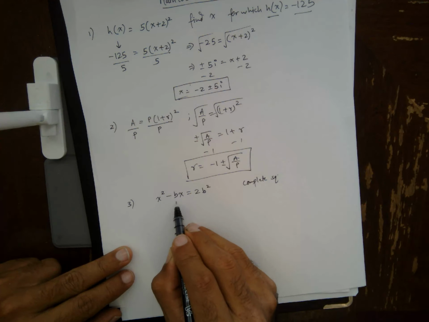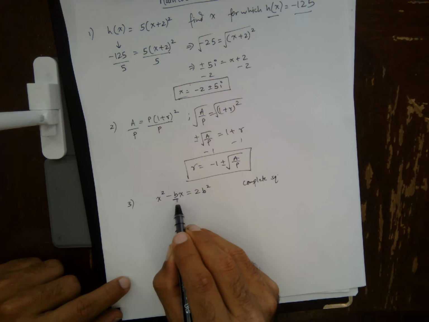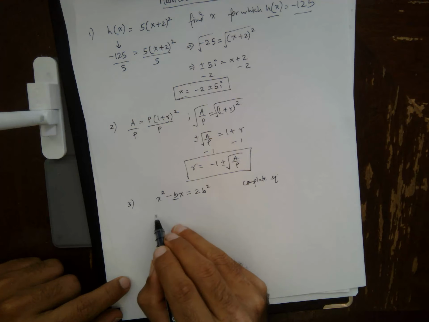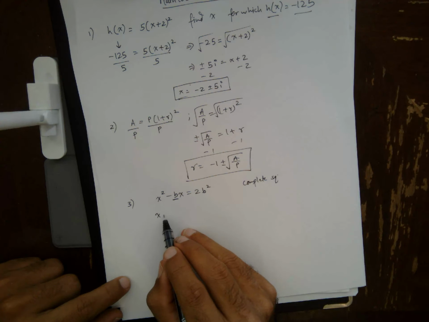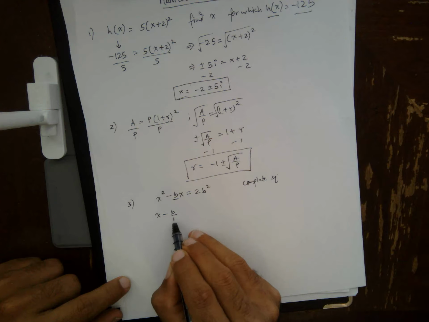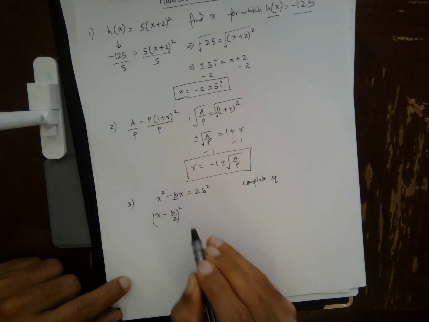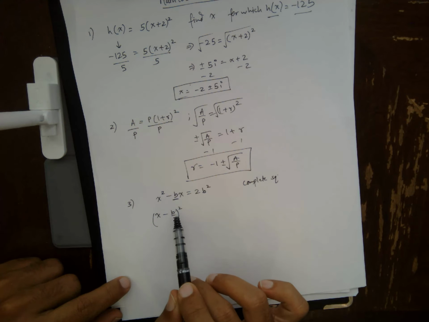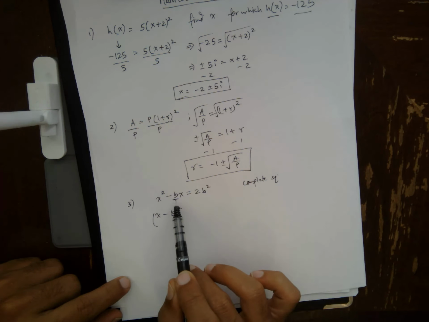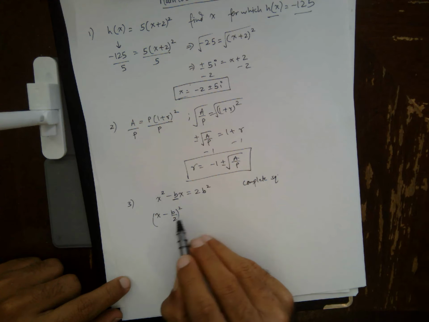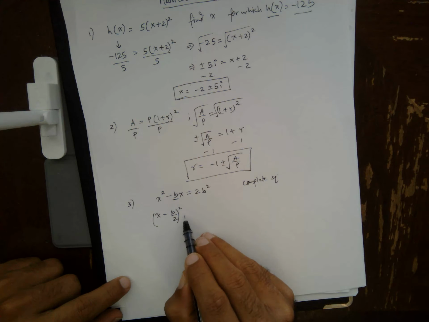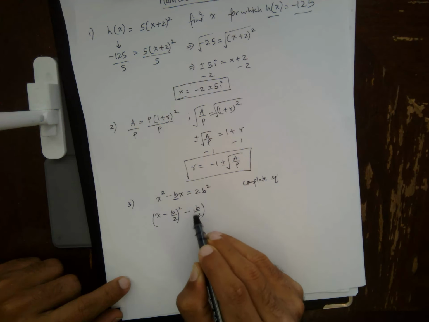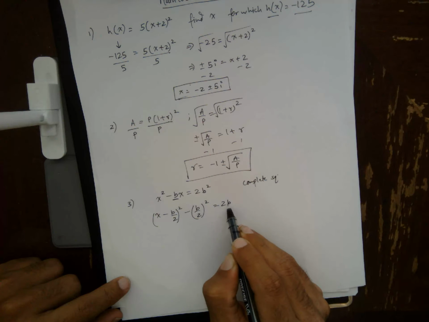To do that, notice that's bx, which means I need to somehow make this into a (b over 2) squared situation, right? Because that will give me an x squared and a negative 2 times x times b over 2, which is bx. But it also gives me a plus (b over 2) squared, which I need to neutralize with a negative (b over 2) squared.